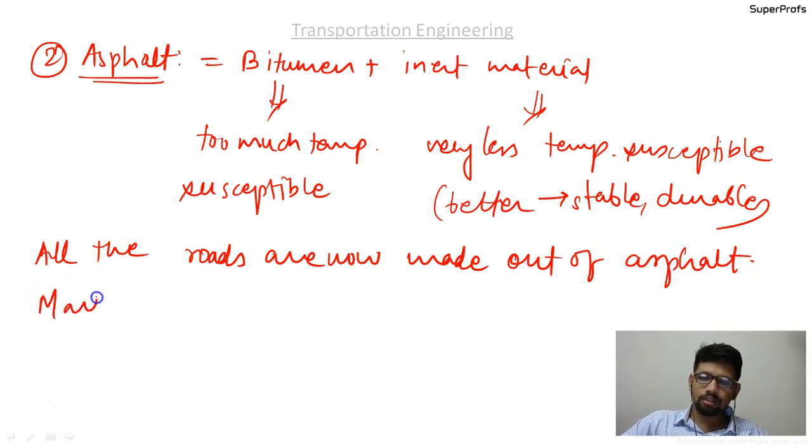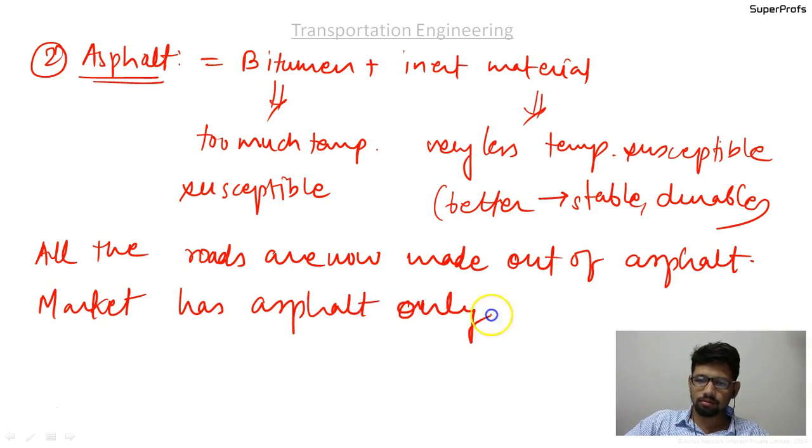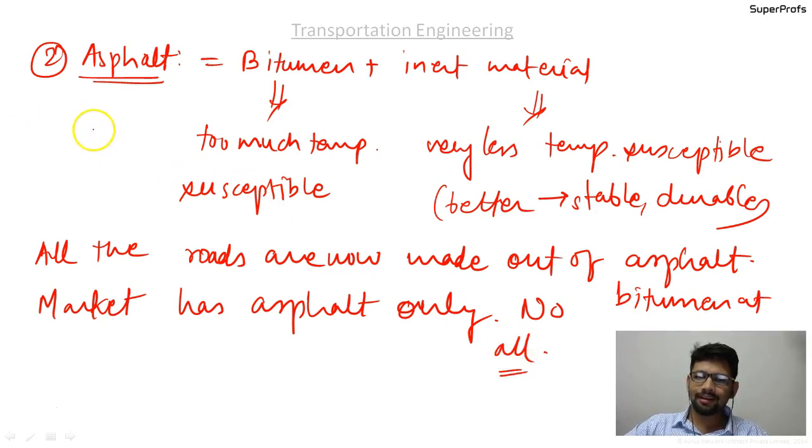The market has asphalt only and no pure bitumen. No bitumen at all. Okay, so finally it is just bitumen that is made stable, and we call it asphalt.